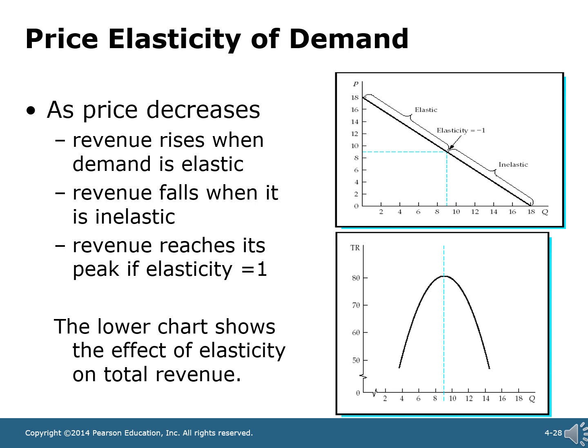At that peak, when the total revenue equals 80, so the quantity of the product being sold is 9 in this case, that's where the total revenue peaks. At that point, the marginal revenue is going to be equal to 0. So at that point, selling one additional unit is not going to increase your total revenue at all.